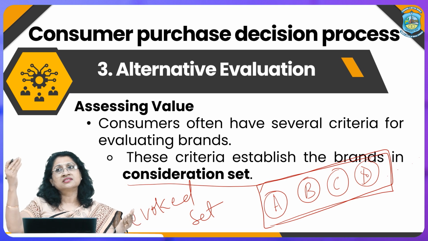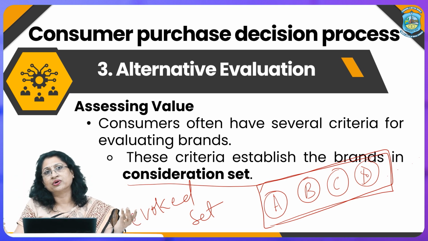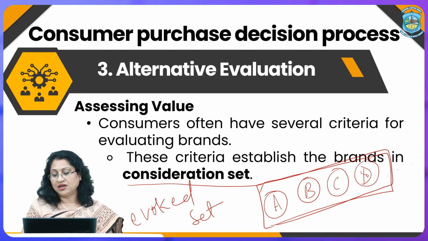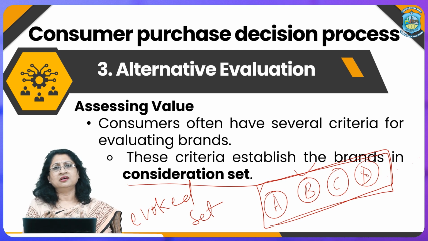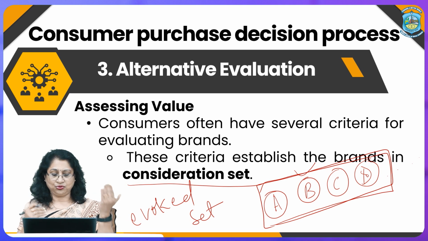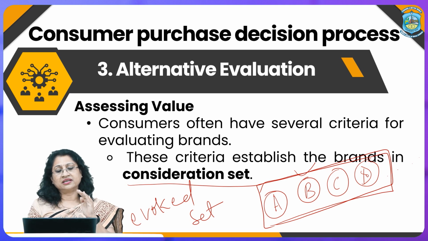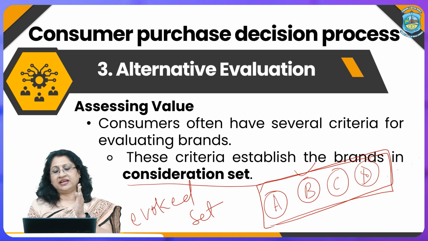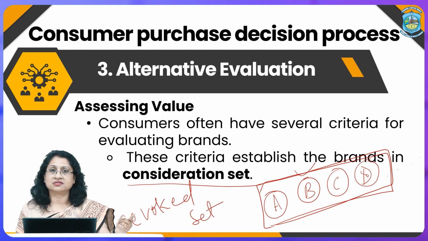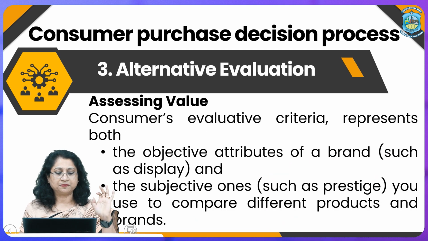So, there may be a certain list in which I can always go in for the evaluation process, wherein I would consider one among them. So, I say suppose B is one which fits me with the price, with the kind of the brand, with the kind of the attributes that the product is giving me as per my requirement and so on. So, this evaluation of the entire brands to conclude for a buying process is very, very important.